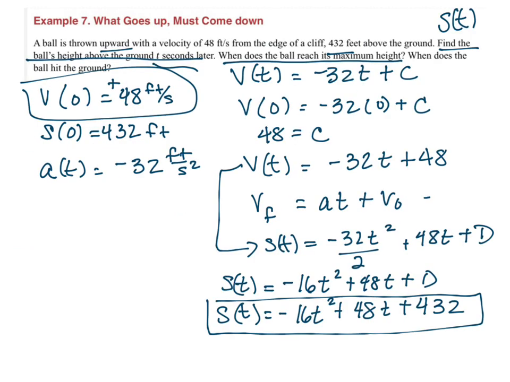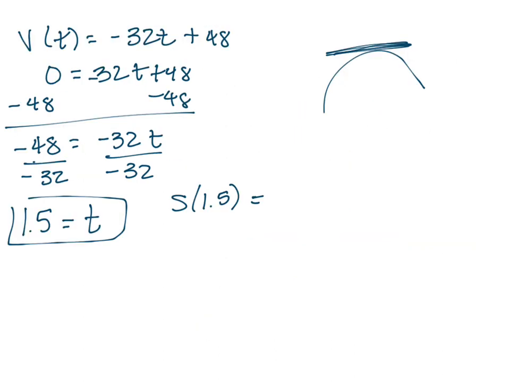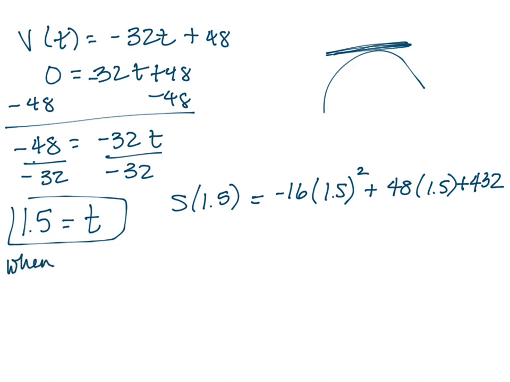And our position function was negative 16t squared, given that it started at 432 feet above the ground. 468?